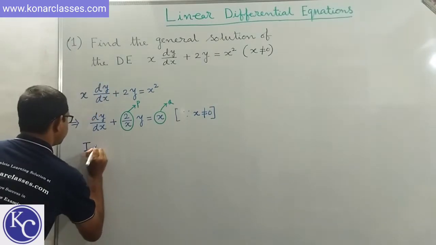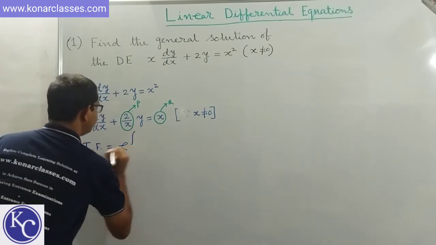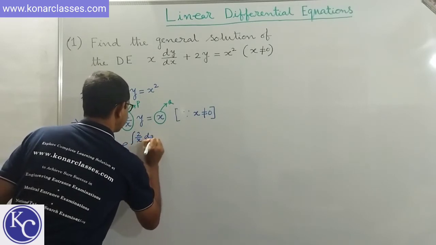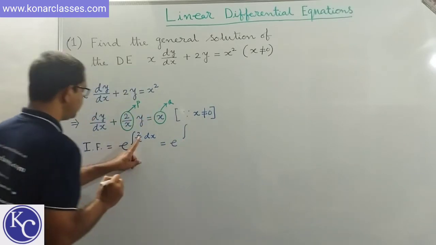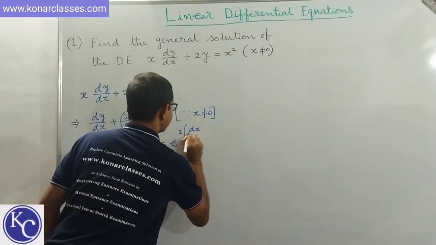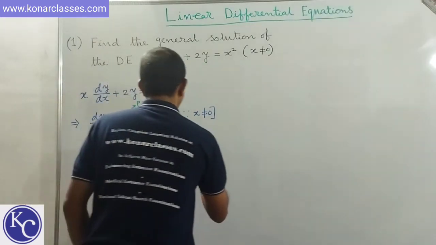So integrating factor we get, dear students, is equal to e power integration p dx. That means integration 2 by x dx. So this is equal to e power integration, 2 is constant, we take outside of the integration, dx by x. What is integration dx by x? That is equal to log x.